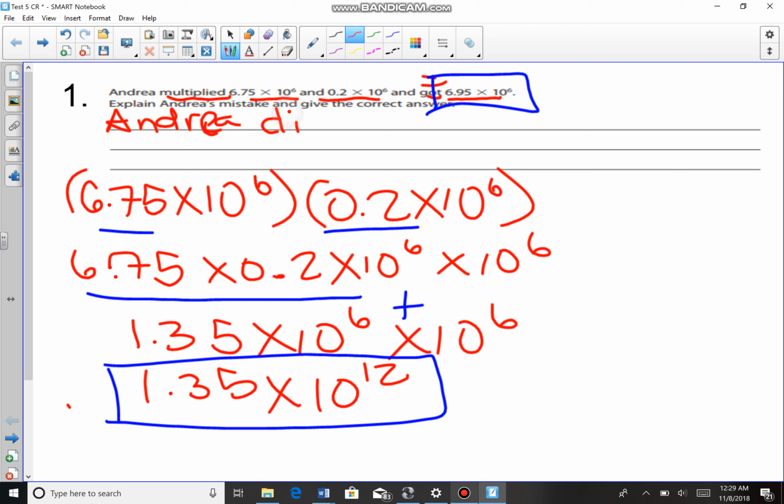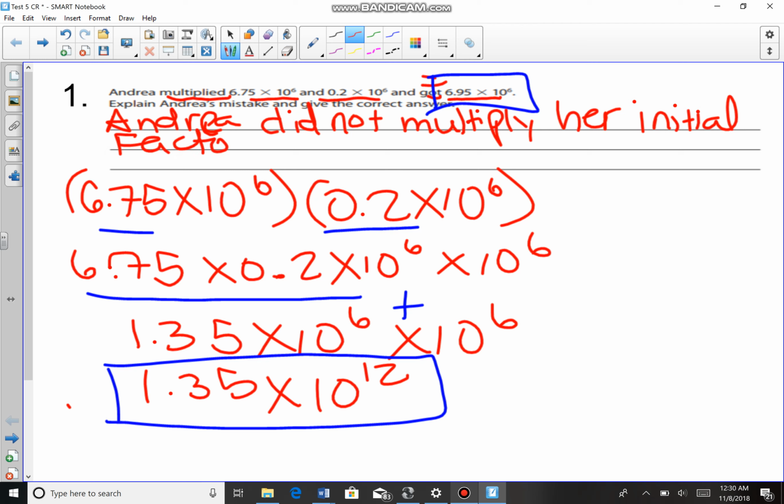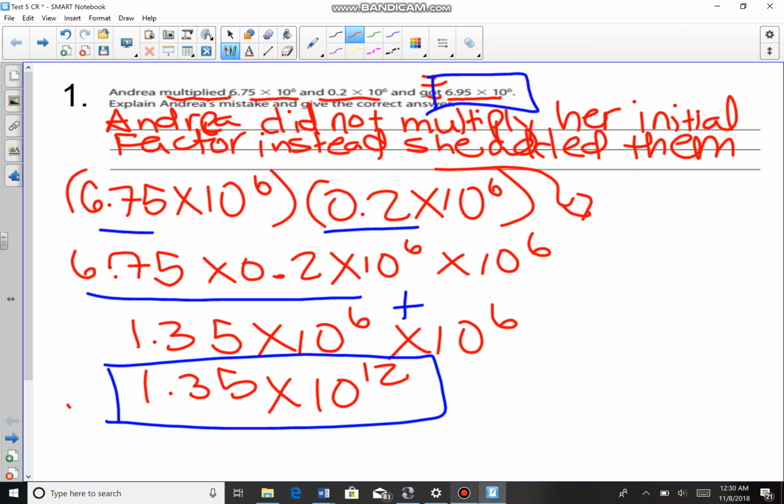Andrea did not multiply her initial factors. Instead, she added them. I'm just going to finish the explanation over here.